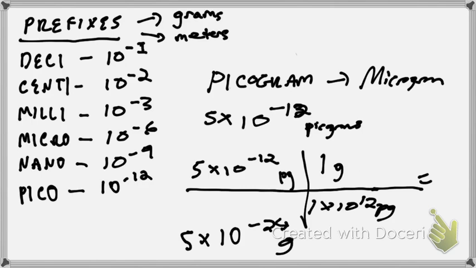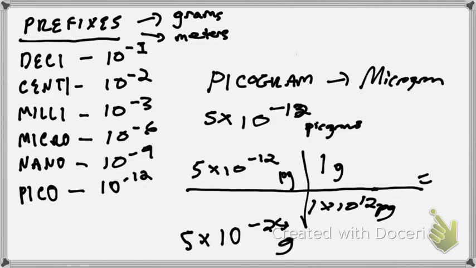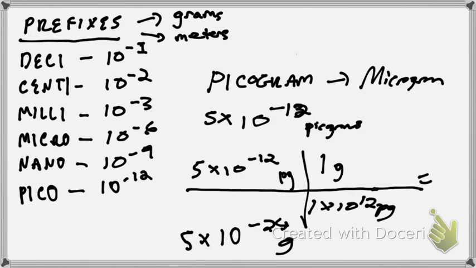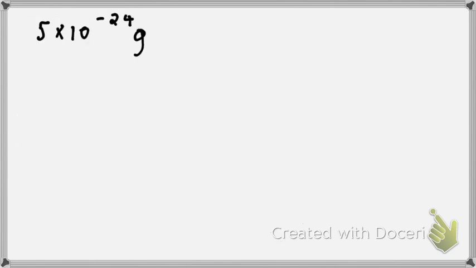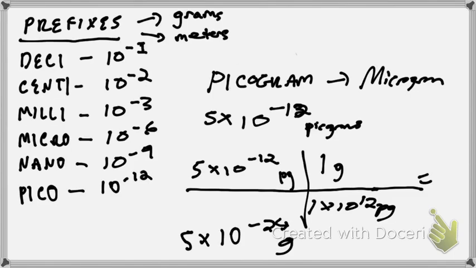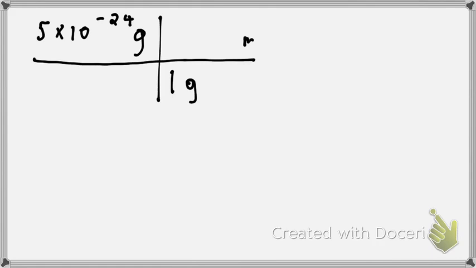And then we're going to calculate from grams. So let's go ahead and erase this. Actually, let's use another slate. So 5 times 10 to the negative 24 grams. We're going to go from grams to micrograms, and micrograms is in terms of, what did we say, 10 to the 6th. So 1 gram is equal to how many micrograms?